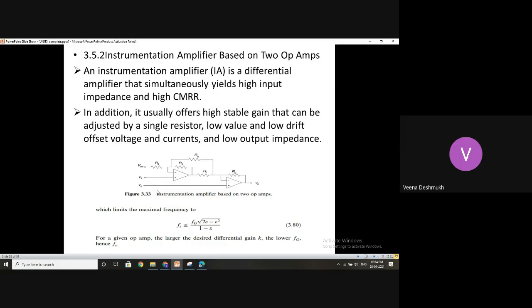Now here V1 and V2 are the two signals which are to be given to these, or the difference voltage. You can imagine even the output of the bridge where the difference voltage is getting generated. One end is connected to the minus terminal and one end is connected to the plus terminal, or inverting and non-inverting terminals respectively.